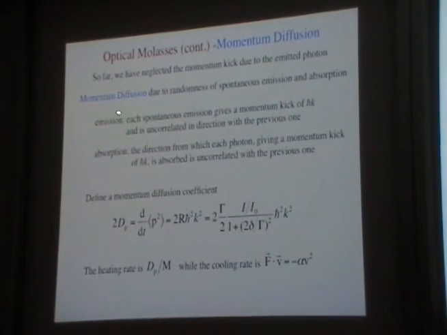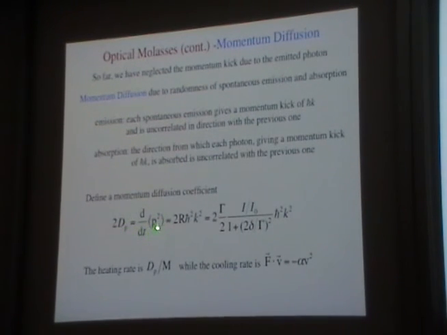So, as I said, each emission process gives a momentum kick. If you assume that the emitted photon is uncorrelated from each absorption process, then you can write down an equation for the momentum diffusion coefficient. Here I consider the momentum diffusion coefficient as D sub p.